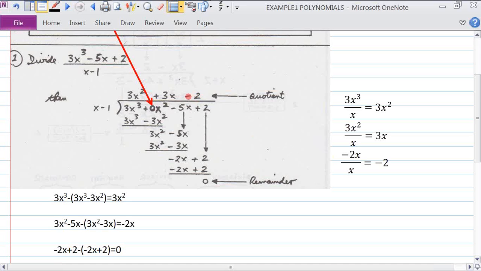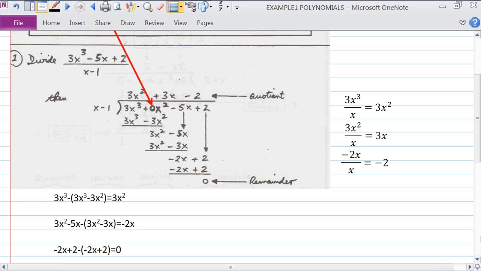Now I multiply minus 2 times x, I get minus 2x. I multiply minus 2 times minus 1, and I get plus 2. And if I say minus 2x minus 2x, this becomes a plus 2x. This term goes to 0. Plus 2 subtracting 2 gives me 0.